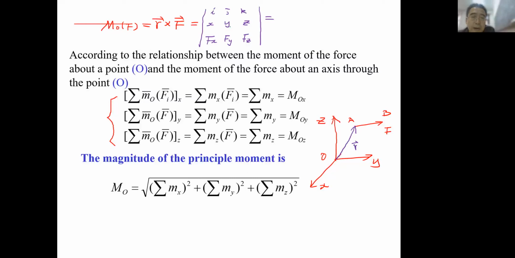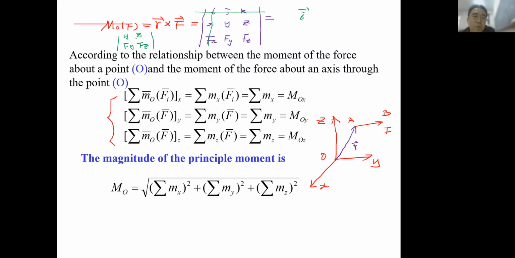To find the x component, we imagine we cut the first row, then we cut the first column, then we have a sub-determinant: y, z, Fy, Fz.